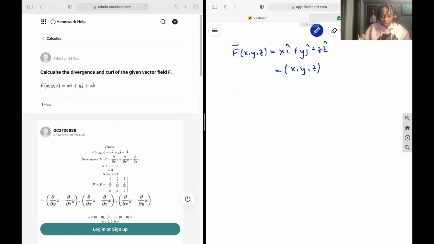And so for the divergence, we want to take the dot product between these two. And you need to recall that this is simply equal to d over dx, d over dy, d over dz. So the dot product between the two is just to write it all out.